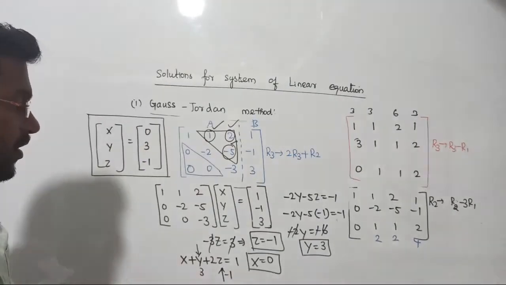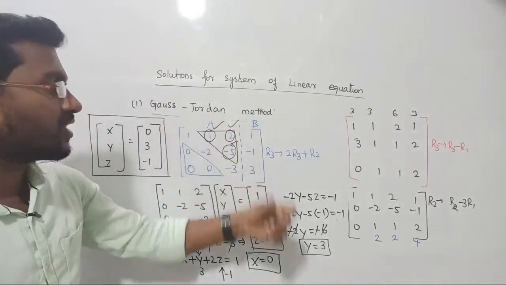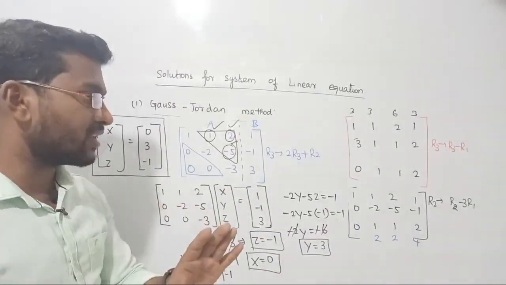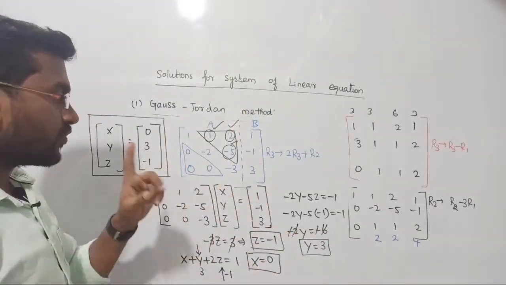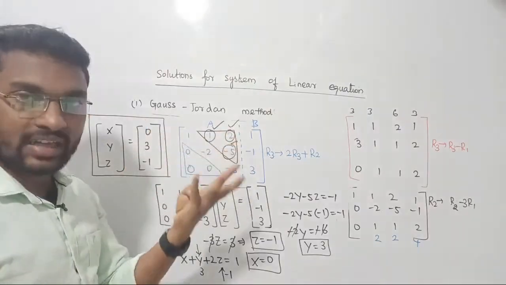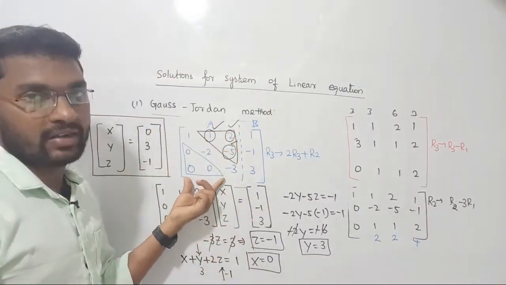So let me proceed further. Just keep the heading, Gauss-Jordan method. I am requesting you, guys, listen: take the question I have given you and write step number 1. In the first step, go with the Gauss elimination method and make the lower triangular matrix completely 0.